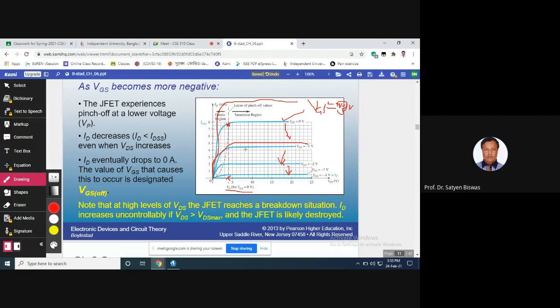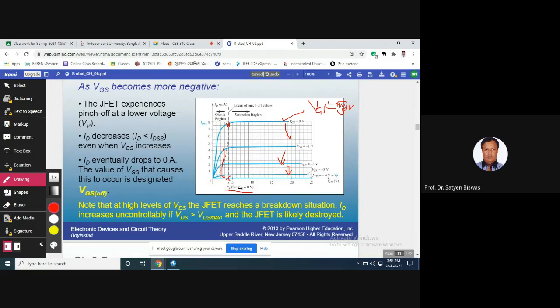But let's say, okay, we'll clean this. Let's say VGS equal to -1. How much will be the pinch-off voltage? You see, look, the pinch-off voltage is not here. It is a little bit before that, around this.